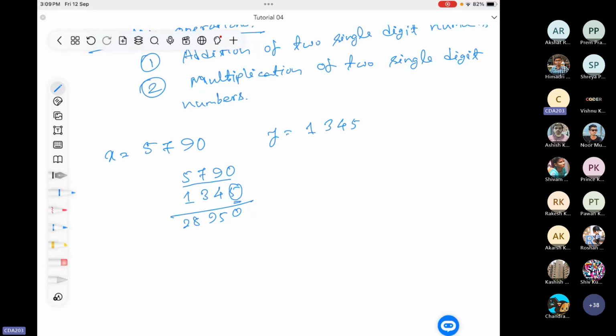Did I compute correctly? 5, 4, 5, 9, 3, 28. I think I computed correctly. Then we leave a space. And we multiply the next digit, 4, with all the digits above, right? So if we do that, 6, 3, 28, 1, 23.